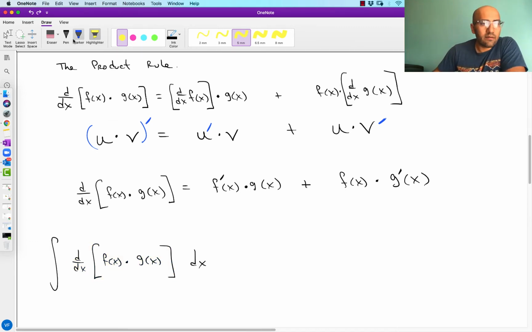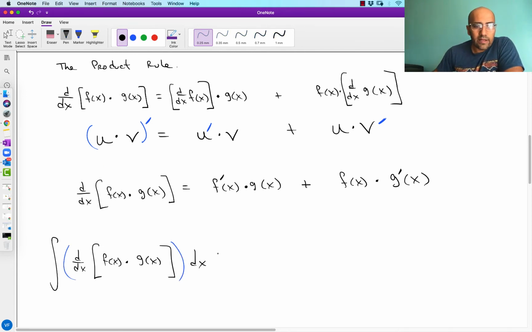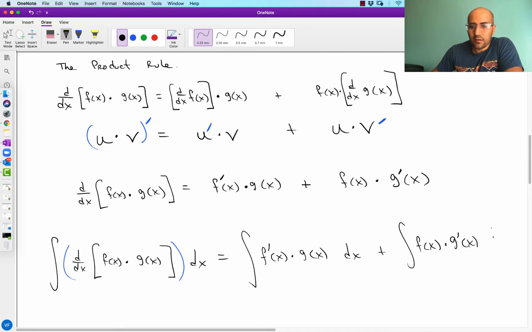Let's take that off, and in fact, we wrap it around this blue like that. Okay, so integrate that side, and then I want to integrate the other side as well. So the other side would be the integral of f prime of x times g of x dx plus the integral of f of x times g prime of x dx.